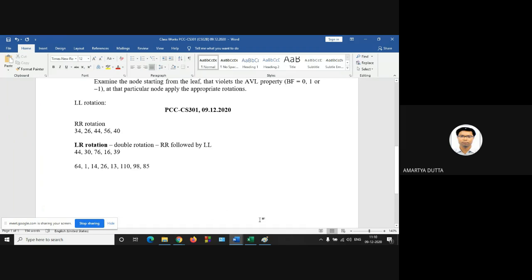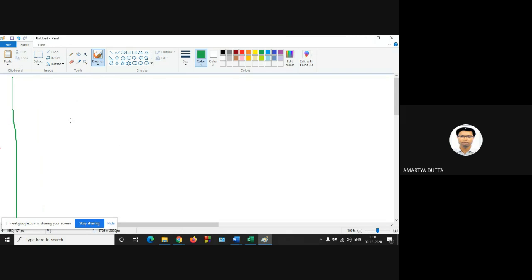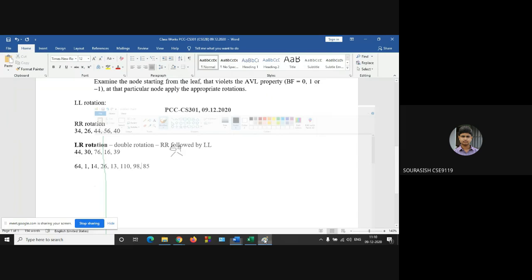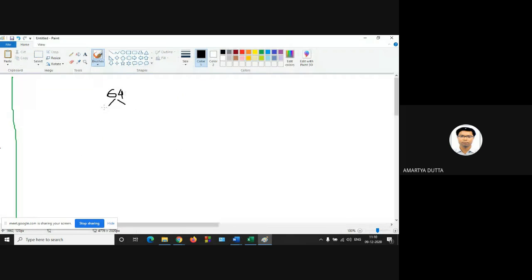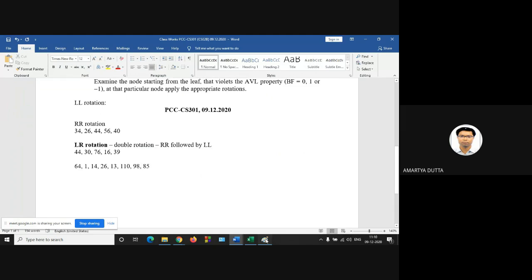The first inserted value is 64. Then 1 will be the left child. Every time you have to check the balance.